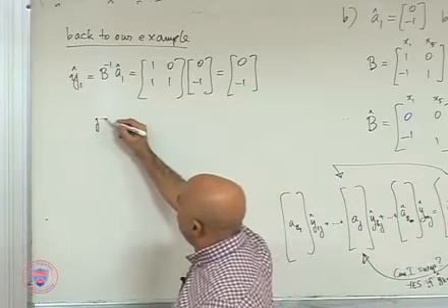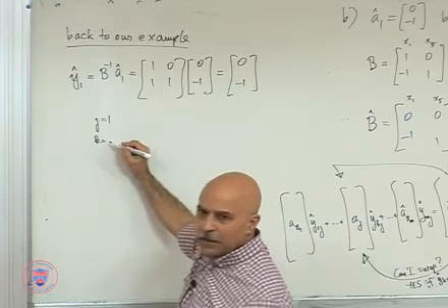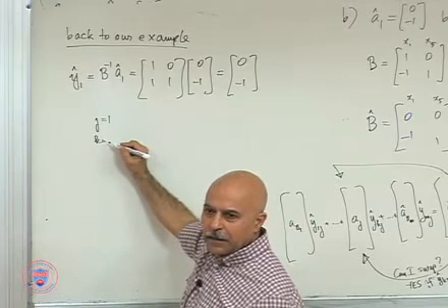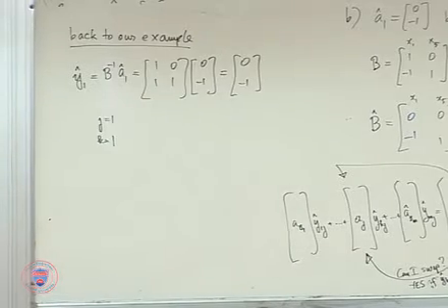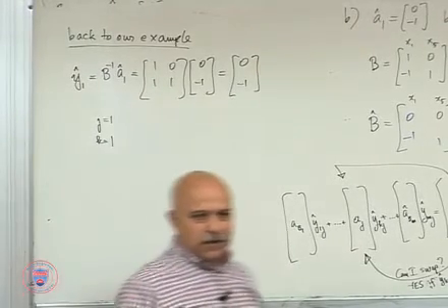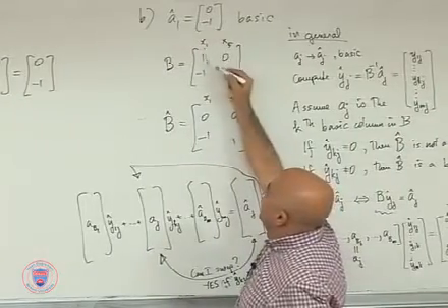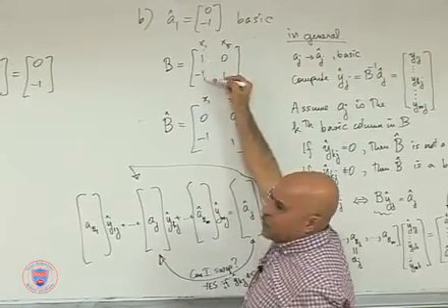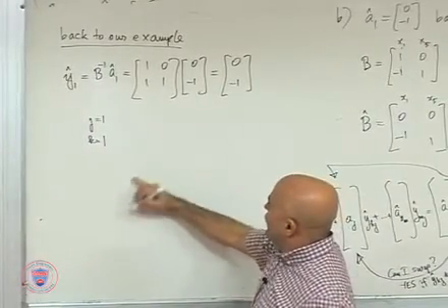What is j here? It's 1. What is k here? It also happens to be 1, because in the optimum tableau, x1 is listed first, x5 is listed second. Or here, you can see that a1 is the first basic column. So they are both 1 in this case.